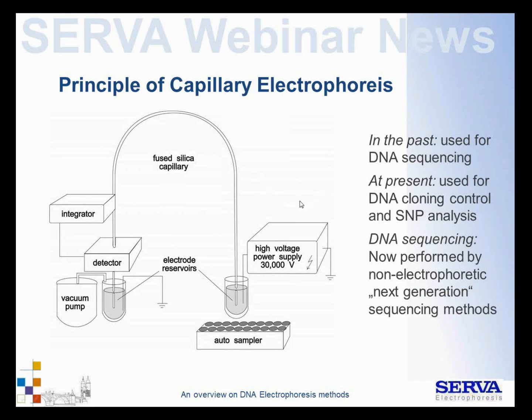At present, these systems are still used a lot for DNA cloning controls and SNP, single nucleotide polymorphism analysis. And DNA sequencing nowadays is done by non-electrophoretic techniques, the so-called next-generation sequencing methods, which have very high throughput and need only very low amounts of material.